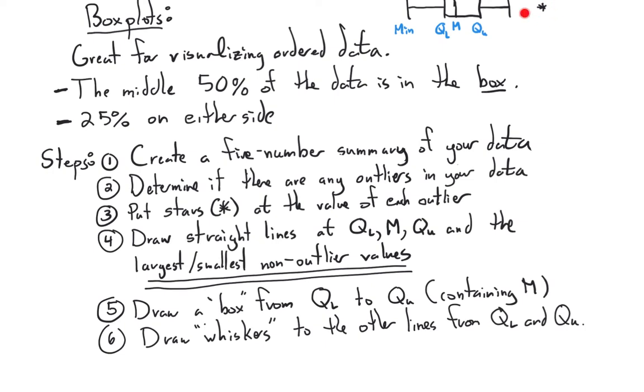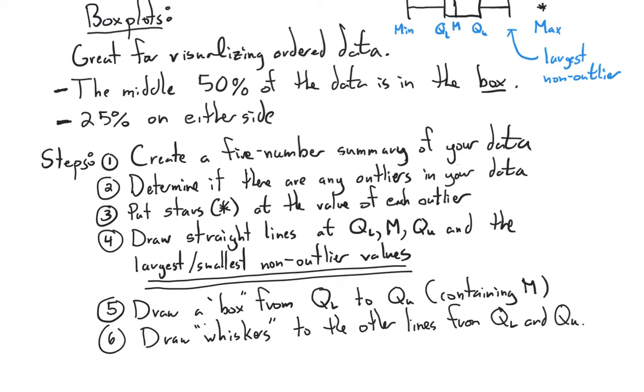But on the right-hand side, we do indeed have an outlier. Any outliers, we mark with stars. That is the max, but this point here is the largest non-outlier. So this is just a typical example. We'll do a few to see how this works in practice. I'll give you a data set and we'll go from there.